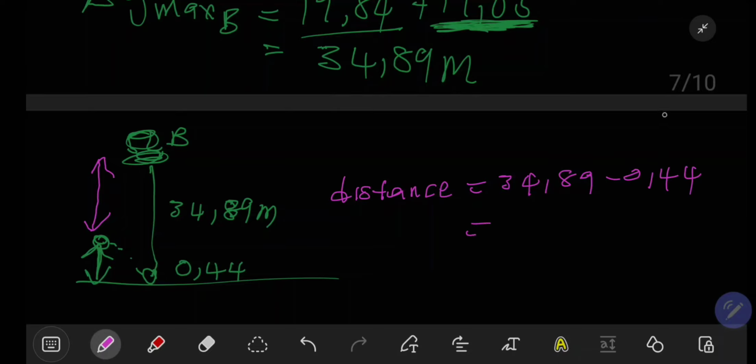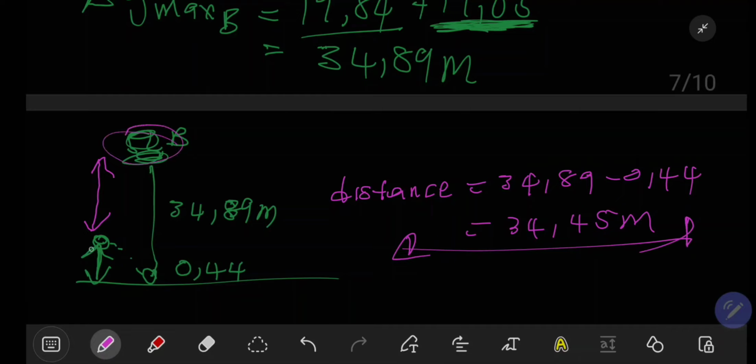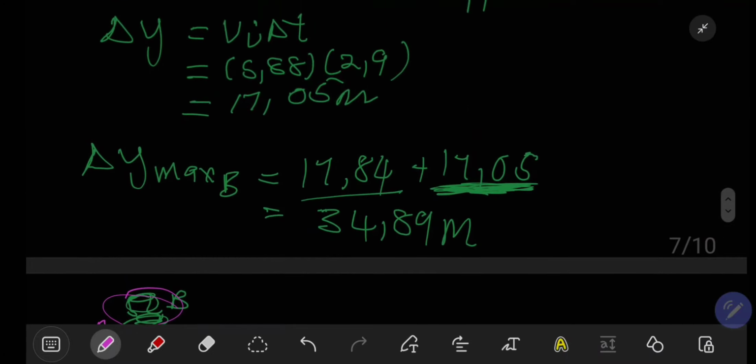Then this is the distance that they are looking for. We get the difference of 34.45 meters. So this is the distance between the hot air balloon and the ball at maximum point after its first bounce.